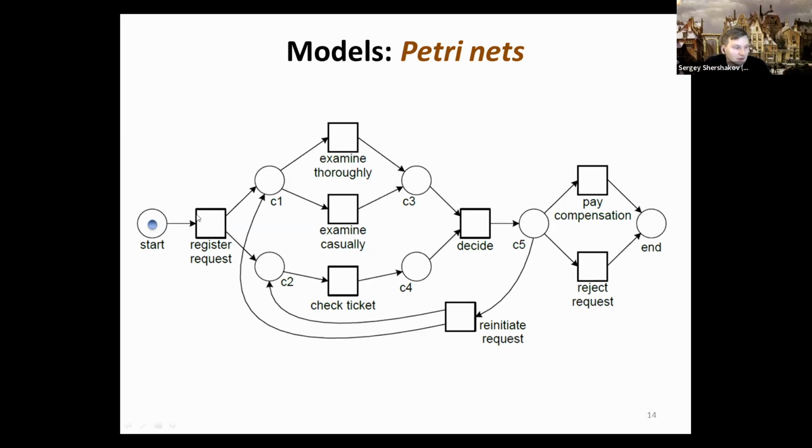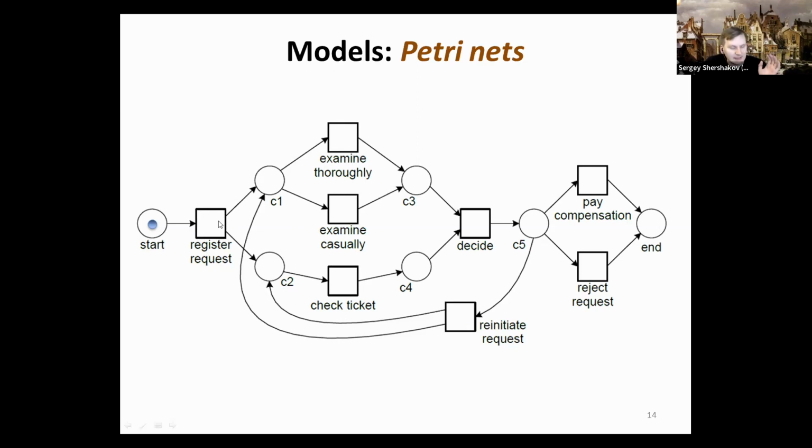In order for a transition to be executed, a condition must hold: in all input places there must be a resource. Let's try to reflect it to a real business situation. In order, say, to check some ticket, we need to, so this is just a scheme, guys.